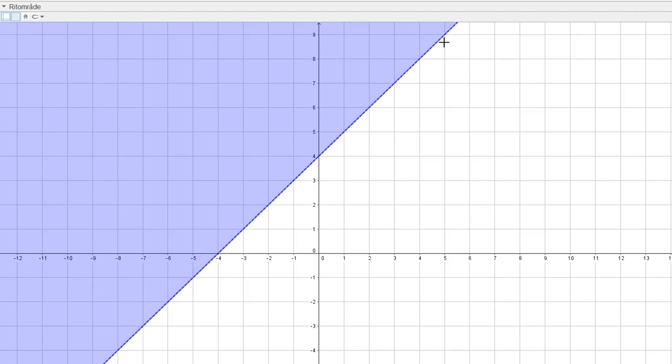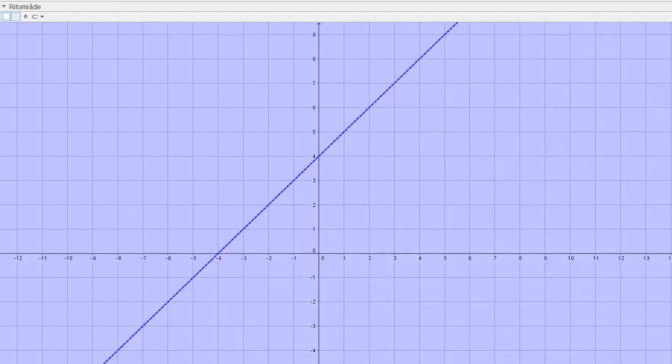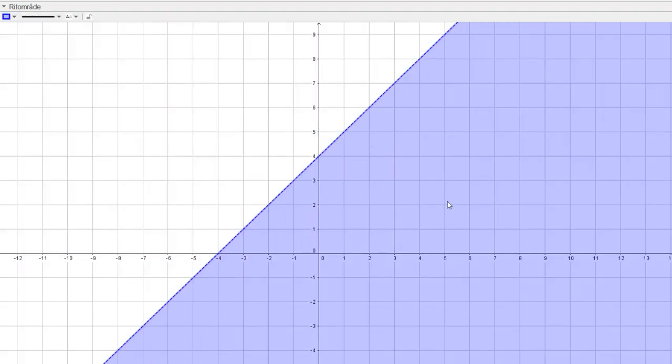So remember that when you draw your lines, you need to remember if you're talking about broken lines or solid lines. When we're talking about just greater than or less than, then we are talking about broken lines. Greater than is always above the line. Less than is always below the line.